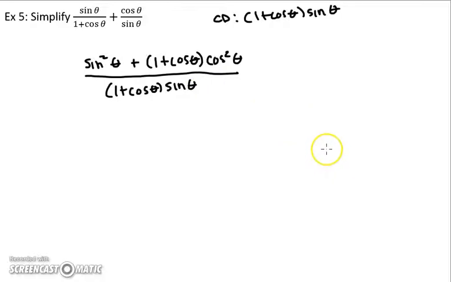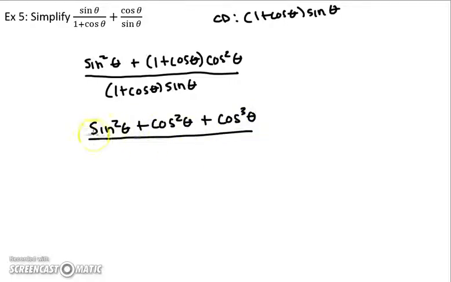Now, we can play around with this a little bit. We can distribute our cosine through. Oops, I made a mistake, sorry. This is not a square, right? It's just a plain old cosine.